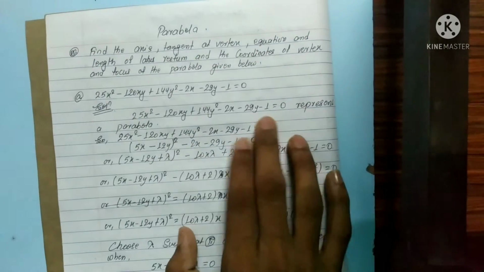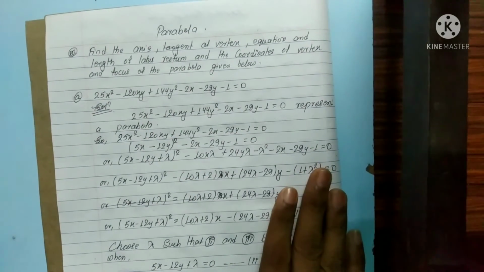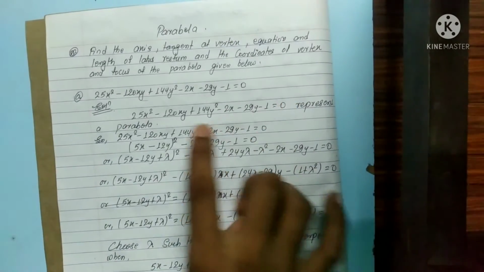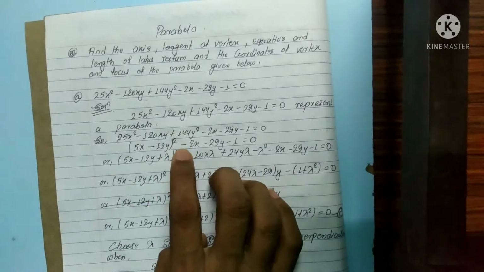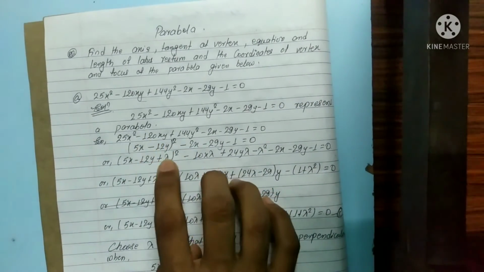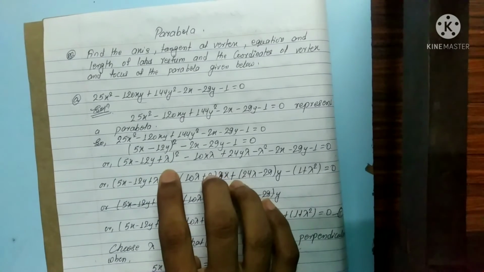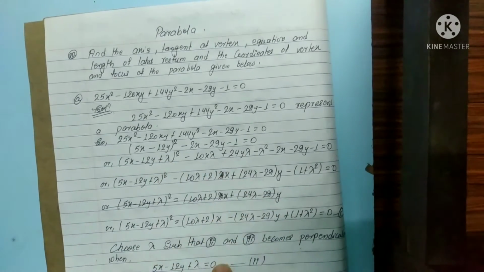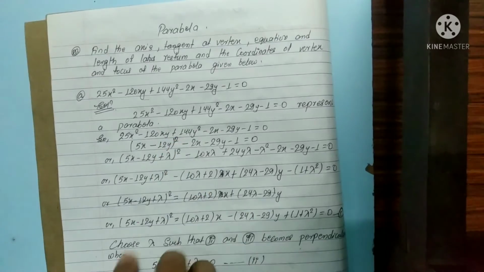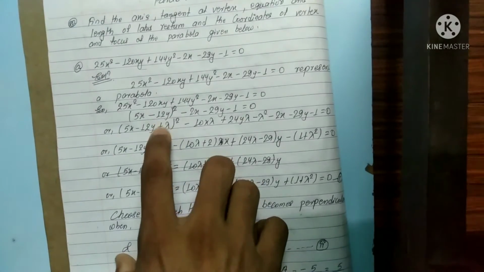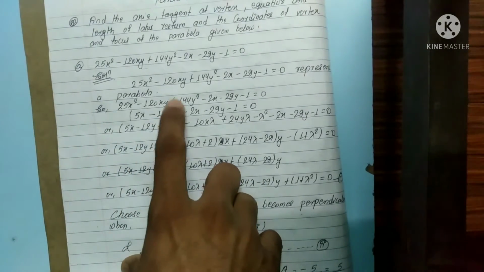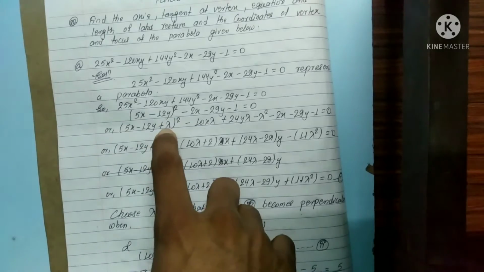Now we write the equation which represents the parabola. Now we simplify and write this equation in the form of a minus b whole square. Now we put the value under lambda.